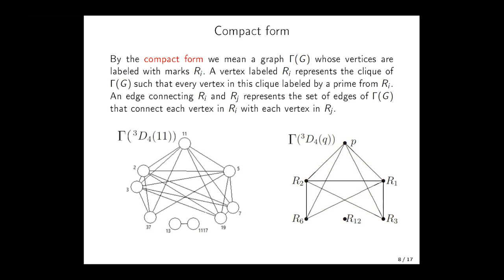These are vertices 7 and 19 in the initial graph, and they form a clique. And from every vertex there is an edge to R1, that is 5, to R2, that is 2 and 3, and to the characteristic of the field.